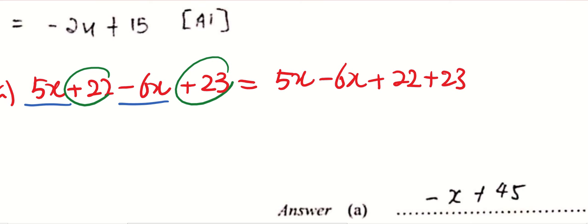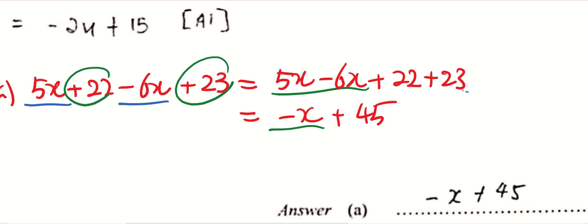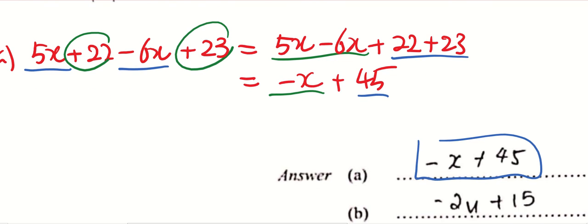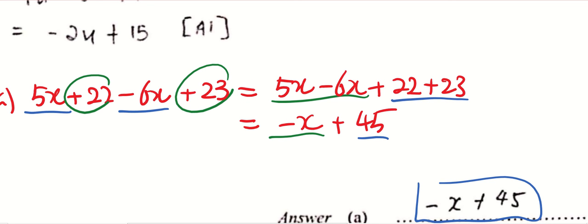I'm just carrying the signs over. 5x minus 6x is negative x, because 5 minus 6 is negative 1. So 5x minus 6x is negative x, plus 22 plus 23, which is 45. Not too difficult. And you have the answer: negative x plus 45, or you can write 45 minus x, which is also the same.